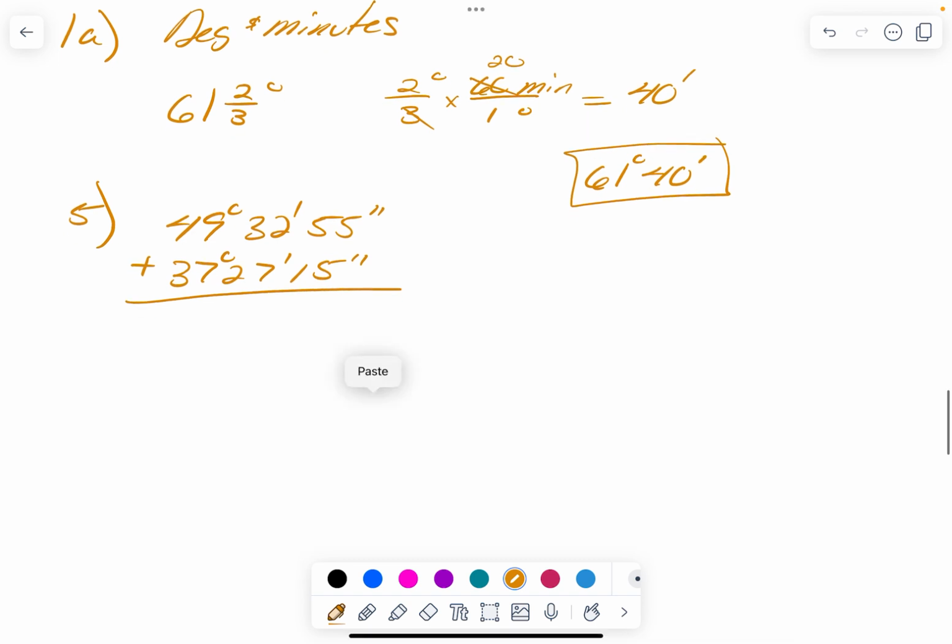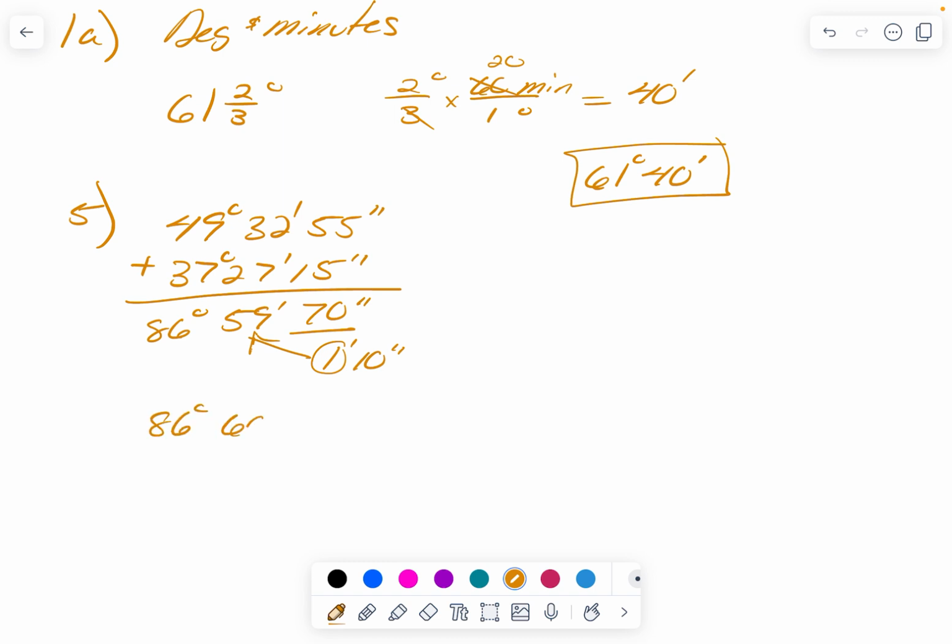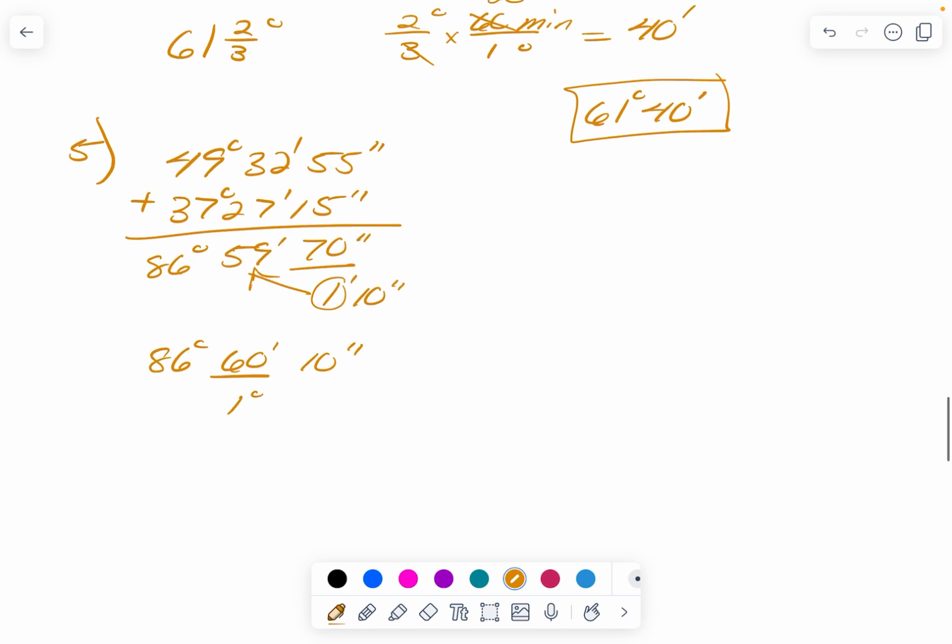Here, when we add, we get 70 seconds, 59 minutes, 86 degrees. Now this is more than a minute. So this is 1 minute, 10 seconds, and that goes with the minutes. That gives us 86 degrees, 60 minutes, 10 seconds. But now that is 1 degree. So our final answer is 87 degrees, 10 seconds.